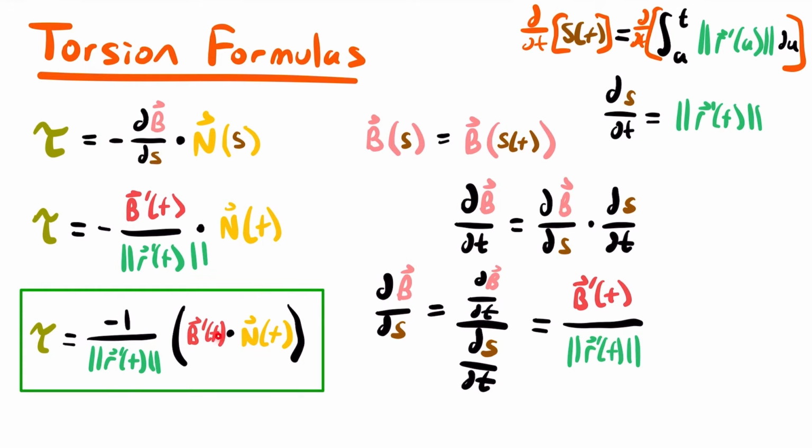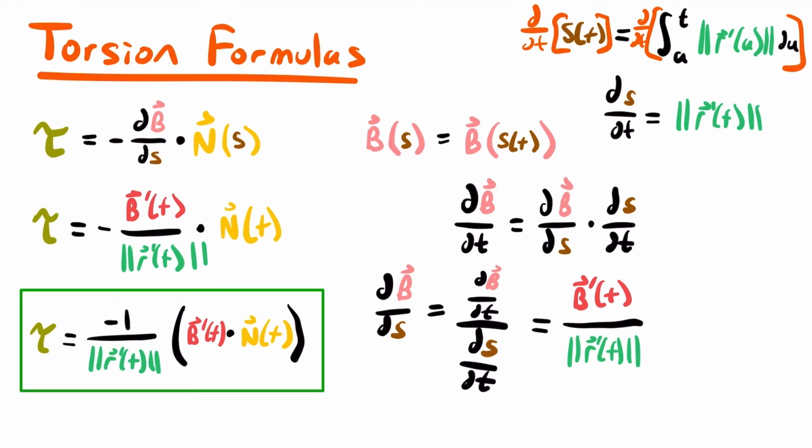And so you could certainly use this formula to calculate torsion for a space curve, but realistically, it's not always going to be super easy to find the derivative of the unit binormal vector in terms of t. I don't know if you remember, hopefully you do, but when we were finding the general TNB vectors for a TNB frame of space curves in previous videos, that took a lot of time.